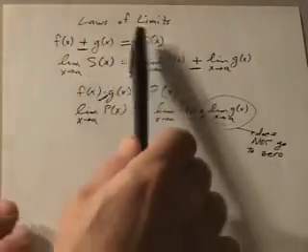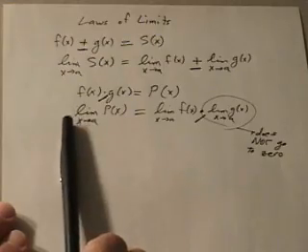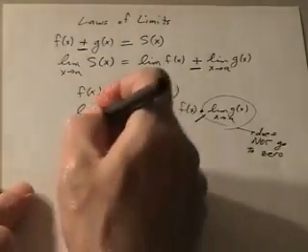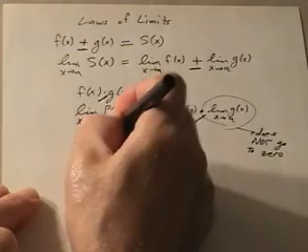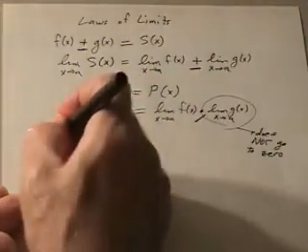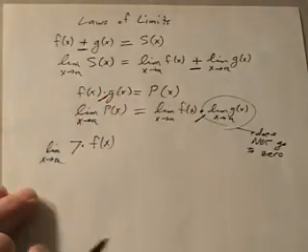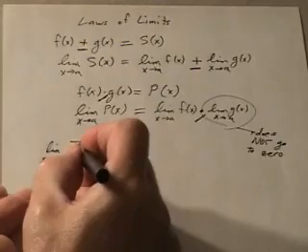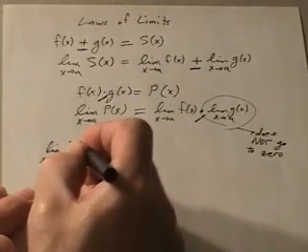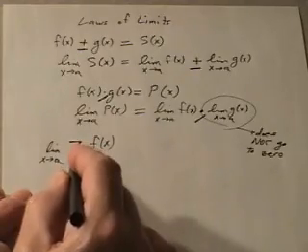By the way, there are lots and lots of consequences of these rules, these laws of limits, and they're what you would expect. For example, suppose you take a function and multiply it by a constant. Let's say you multiplied it by 7. What do you suppose would be the limit of that as x approaches any number whatsoever? Well, what would the limit of 7 be as x goes to a? Well, 7 is a constant, so it doesn't move around.